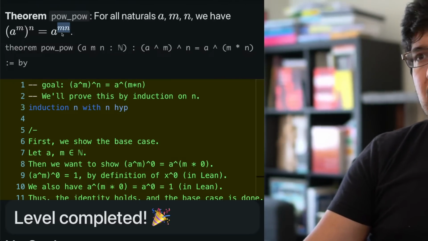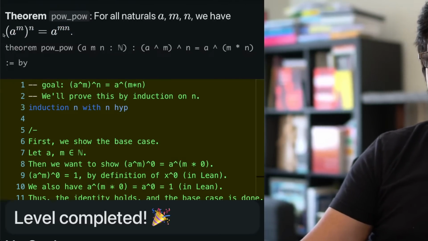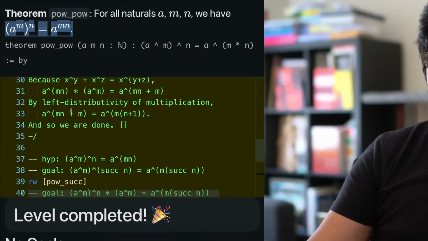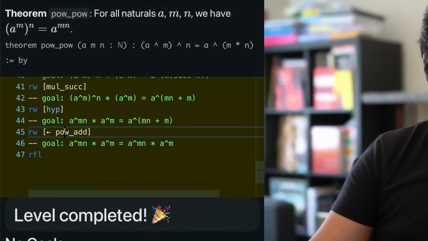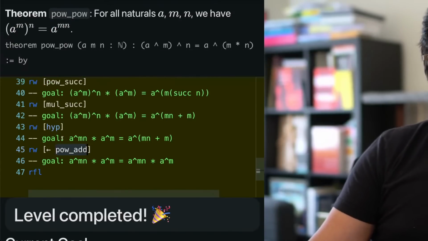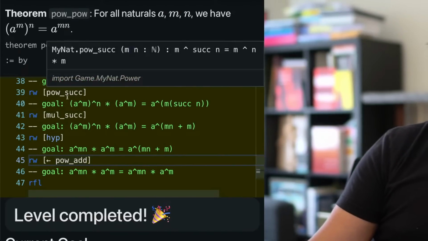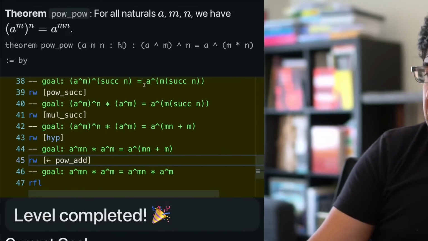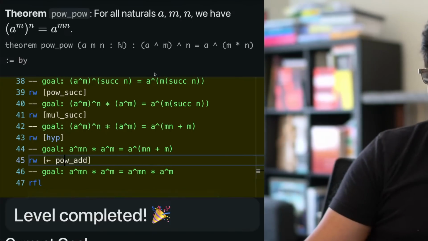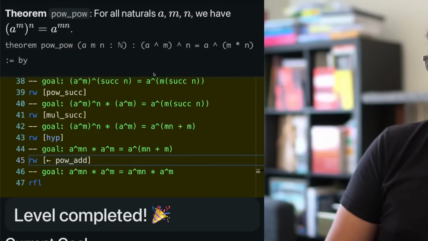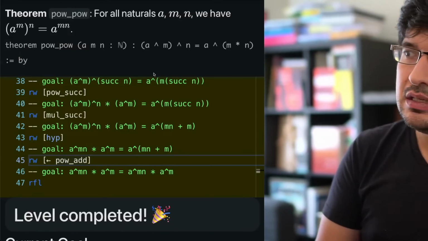And so far, if I have a criticism of Lean, it's that I feel like writing proofs in this style, rewrite pow add, left arrow pow add, rewrite bracket mul suck, it loses some of the aesthetics of English proof writing, and it loses some of the aesthetics of memorable, catchy phrases.